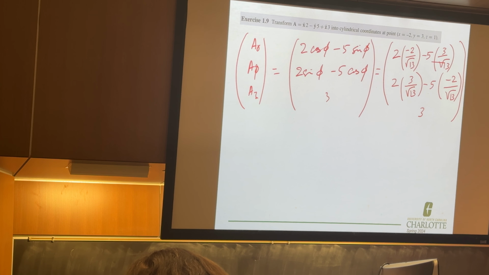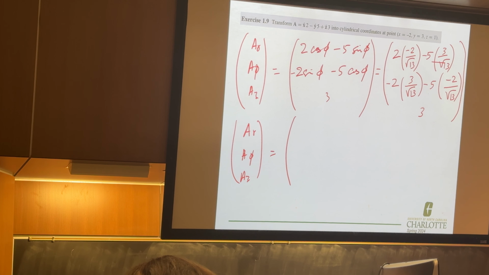Right, so we get a vector now that looks like this. If you evaluate these numbers, you get minus 5.27, minus 4.43, and then 3.